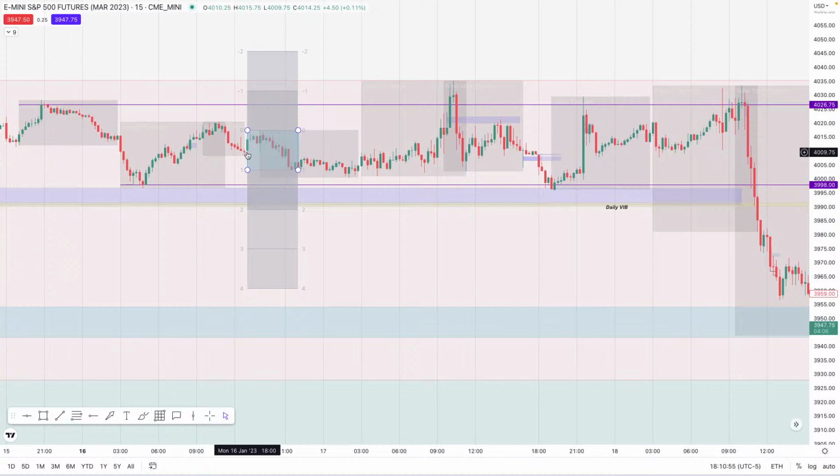This is not the central bank dealing range, but this is going to be the Asian range, and it's from 1800 to midnight. I've got to go back and look at my notes on this.